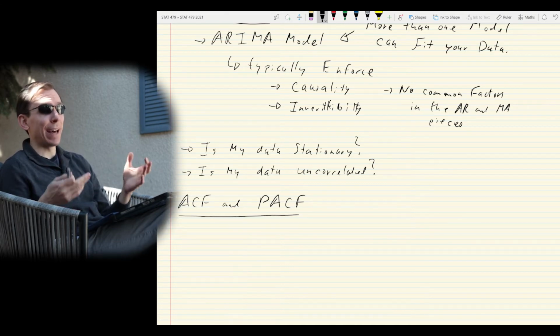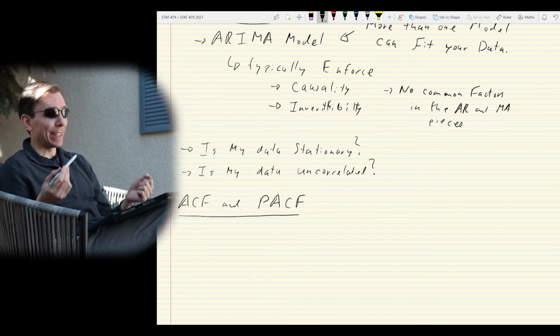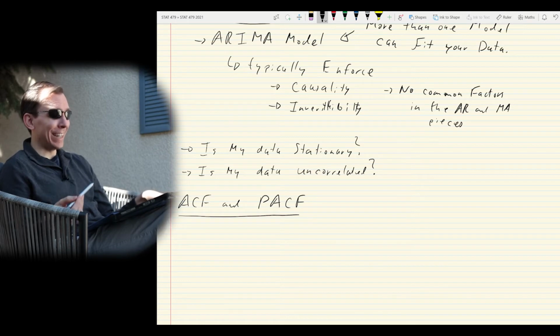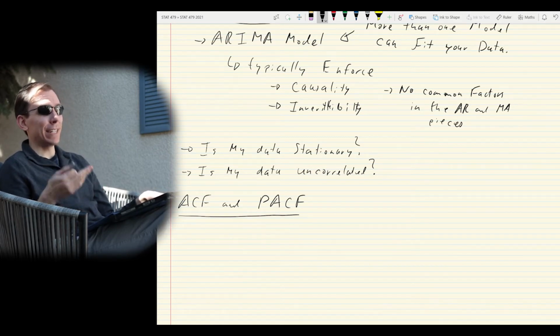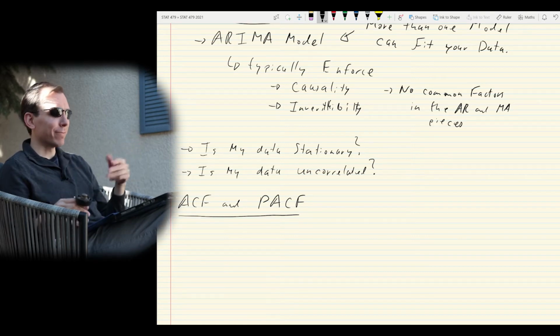It has a lot of nice mathematical properties that are good to be aware of. Ultimately, it's also just fun to look at when we plot it out for our data, and it can tell us a lot about where we might see significant autocorrelations. And those significant autocorrelations will tell us, well, at least hint at if we might have an autoregressive or a moving average process in our data, or both.